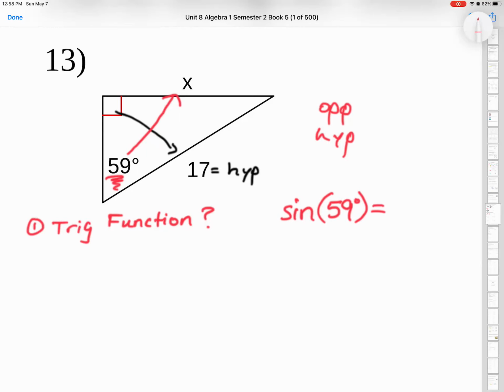So in this case, it is the x over the hypotenuse is 17. So step 2 is we're creating the equation. And there we did that.